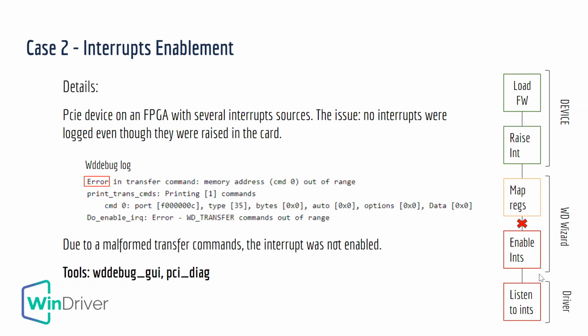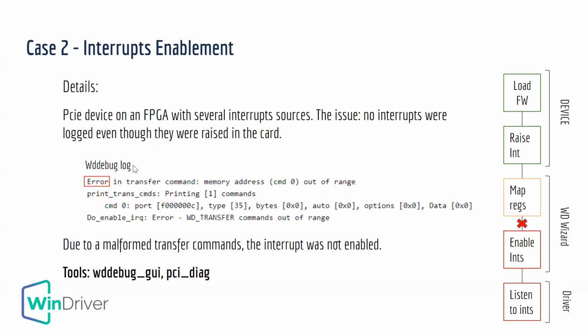And the interrupt is just a part of it, yeah? You want maybe the transfer commands to be sent as well once the interrupt was raised. So this is the flow. We have the device, we have the wizard, and we have the driver, and each one.